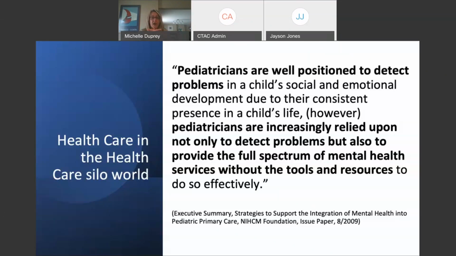It's so hard to also address these social and emotional developmental needs or mental health needs when I have to move on. And they feel so frustrated by that because they know that when they give someone a card that says, call this place, most of them don't. And so it's hard on everybody. It's hard on the parent, hard on the pediatrician, and hard on the child.